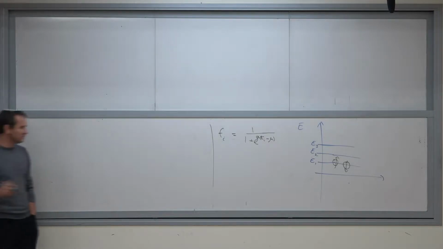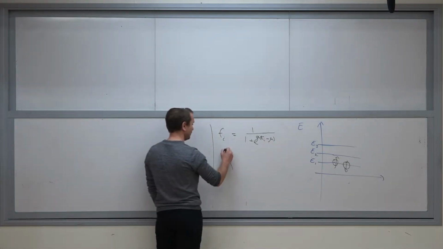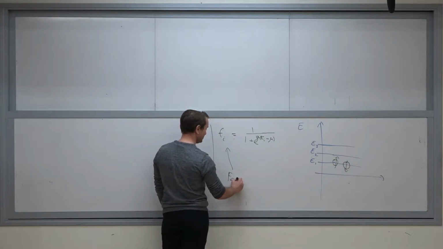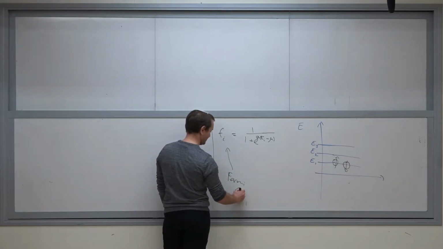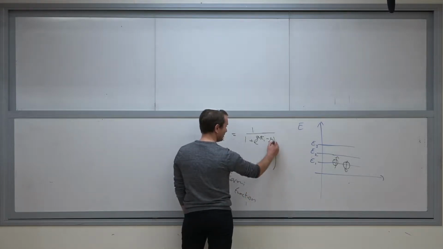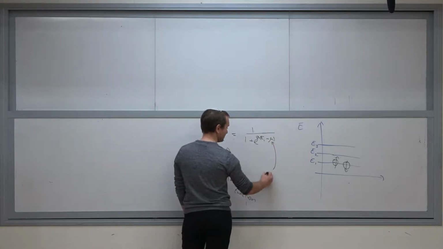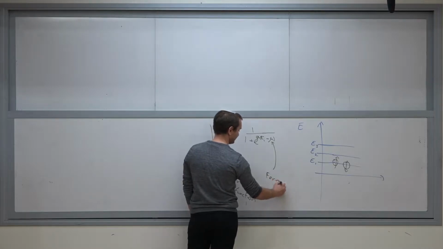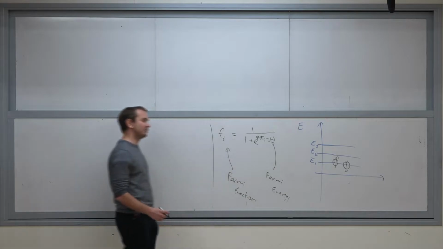this Fermi function. So f is the Fermi function, and mu was the Fermi energy. Why Fermi energy?